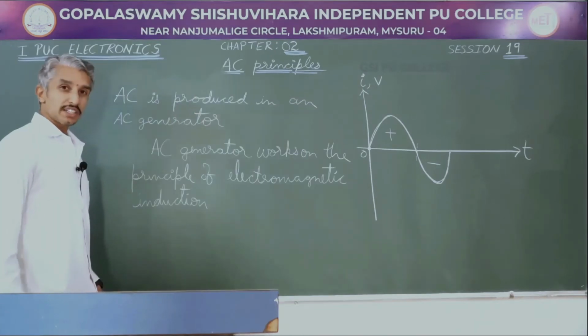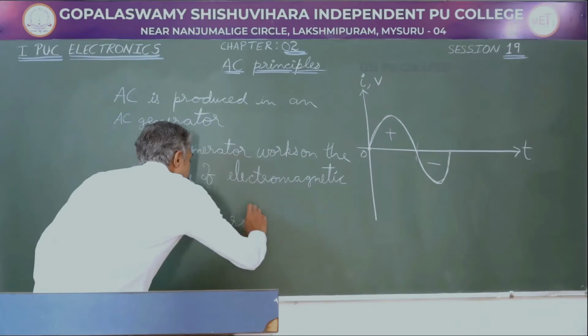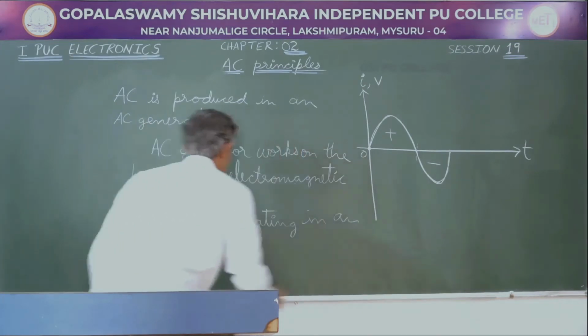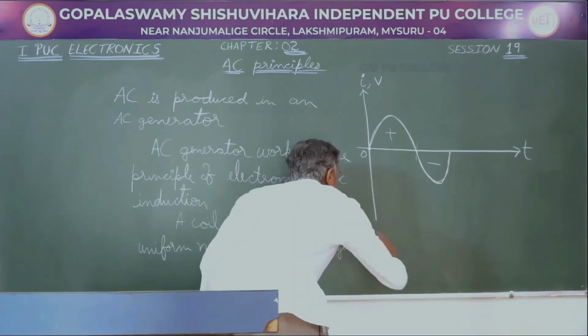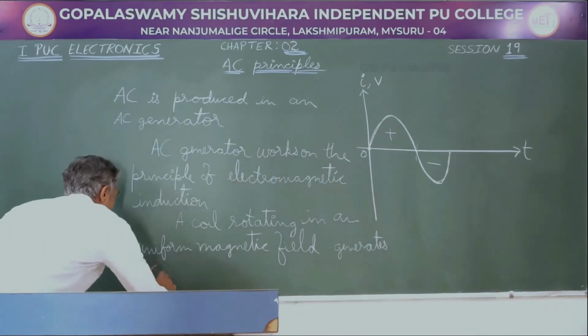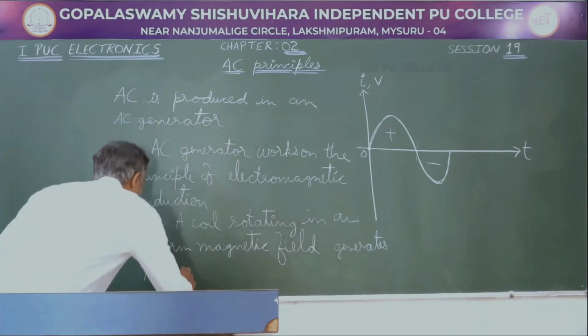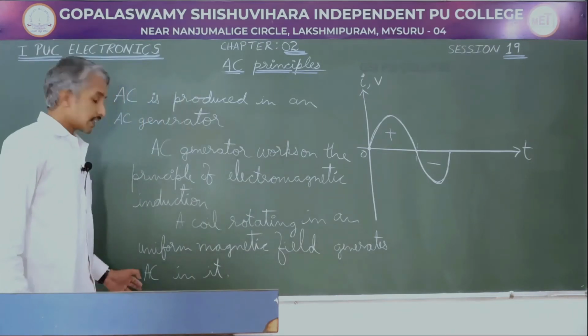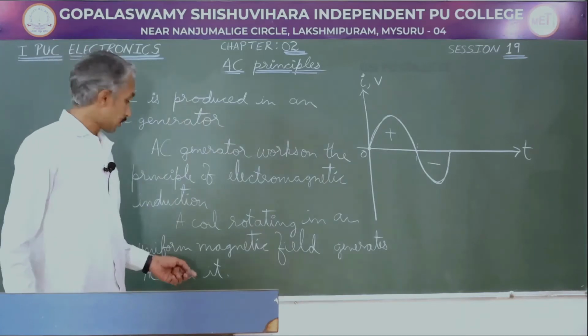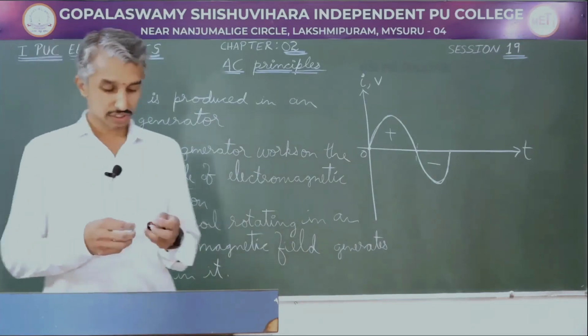What is that electromagnetic induction? A coil rotating in a uniform magnetic field generates alternating current or alternating voltage in it. Let us see how this happens. First of all, what is a coil? Nothing much.